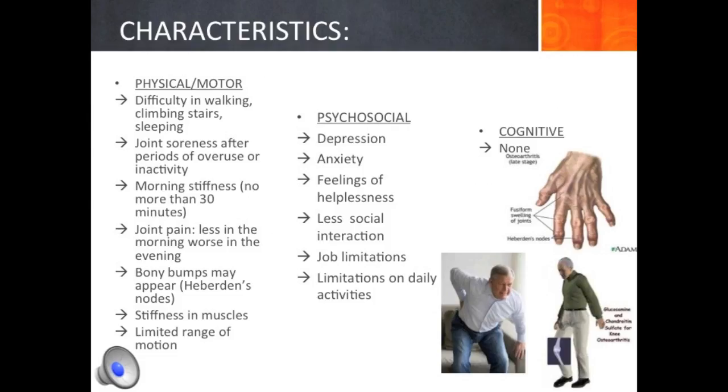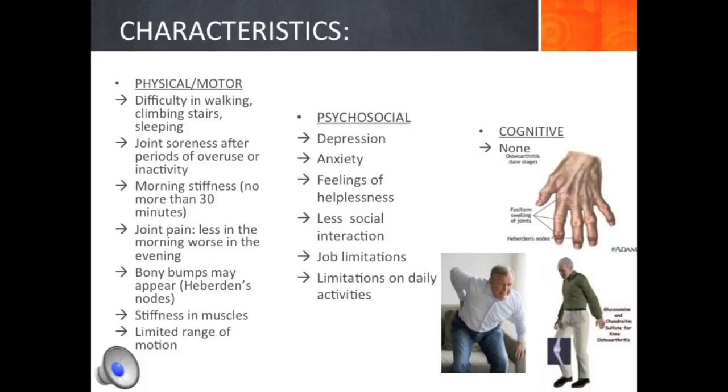I have divided the characteristics into three parts: physical or motor, psychosocial, and cognitive. For physical or motor, people with osteoarthritis have difficulty in doing activities of daily living, such as walking, climbing stairs, bathing, eating, dressing, and even sleeping.